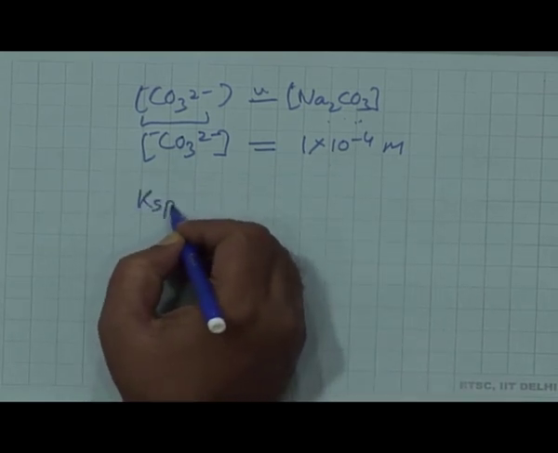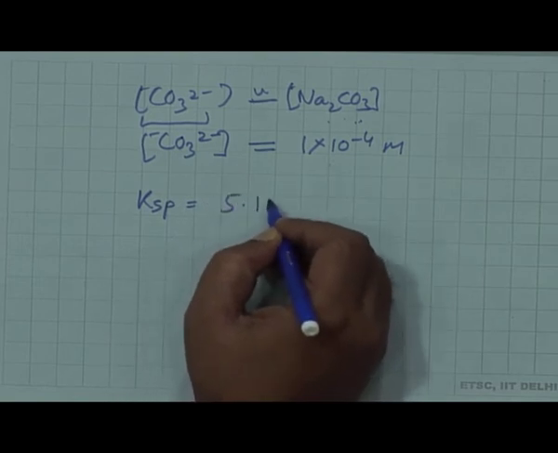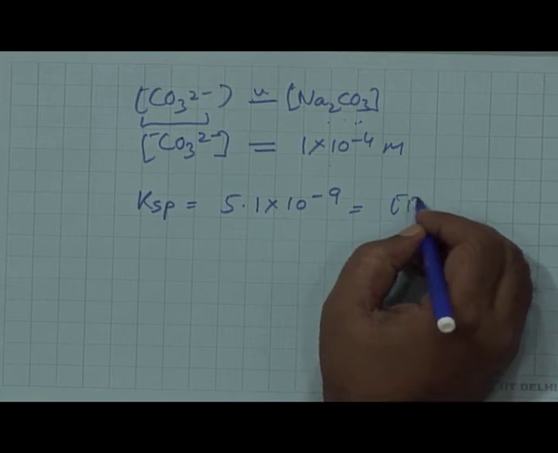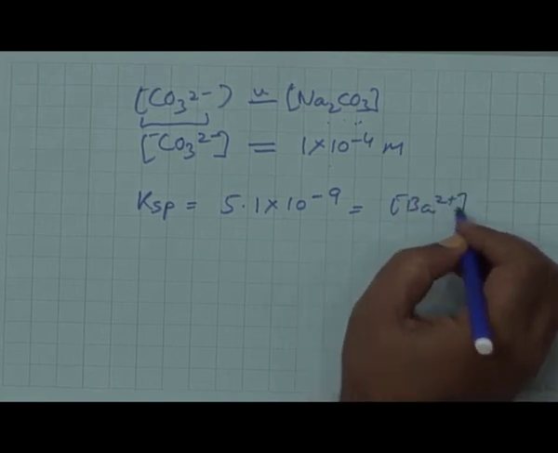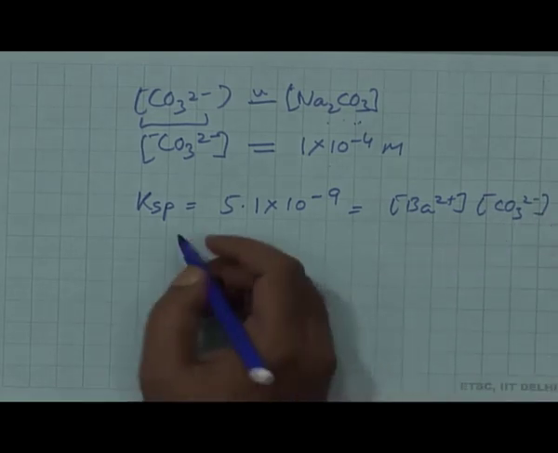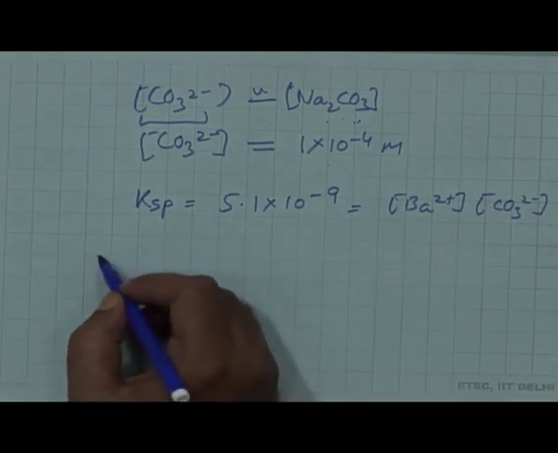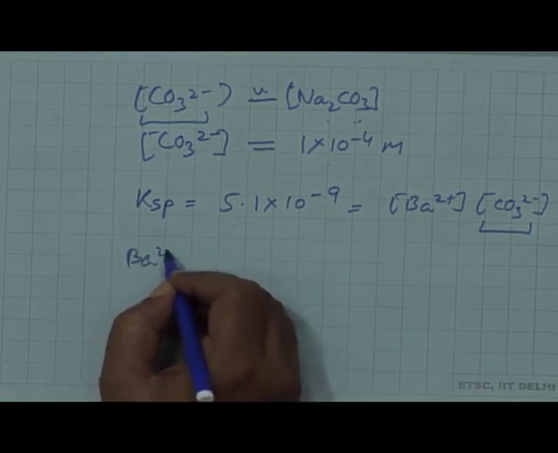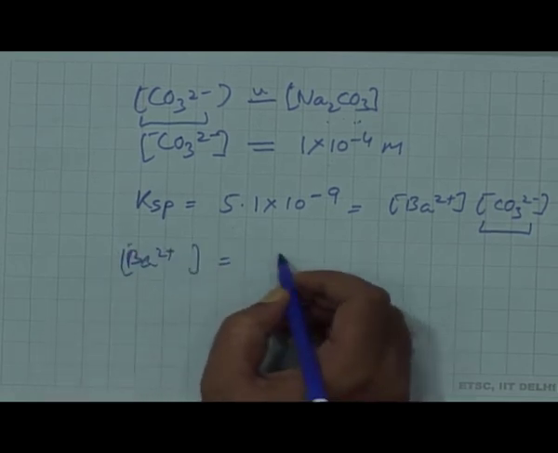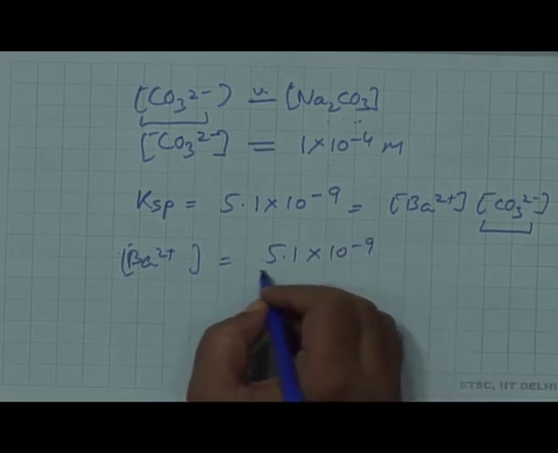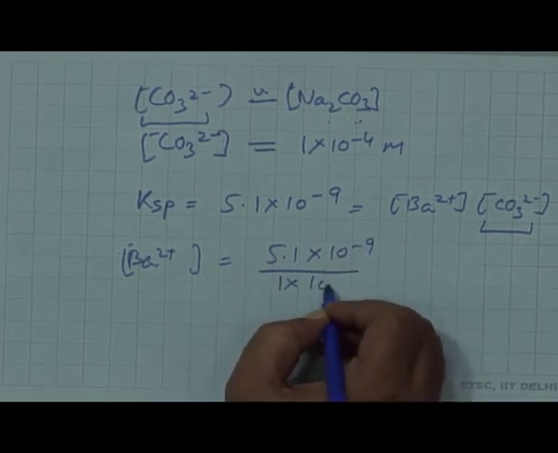We know that Ksp is equal to 5.1 into 10 to the power minus 9, and this should be equal to barium 2 plus ion multiplied by carbonate ion. Since we know carbonate ion and we need to calculate barium 2 plus, barium 2 plus will be 5.1 into 10 to the power minus 9 divided by 1 into 10 to the power minus 4.